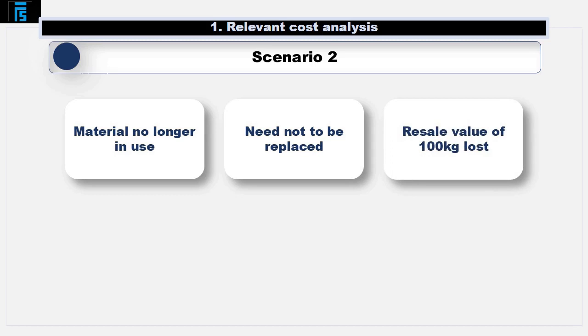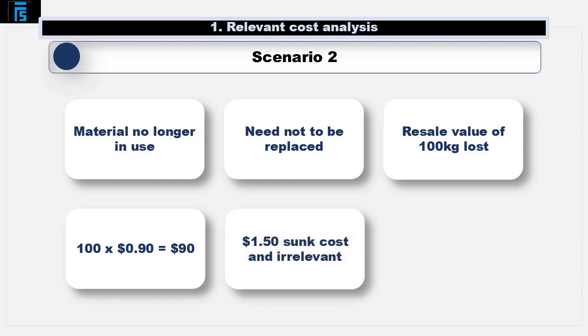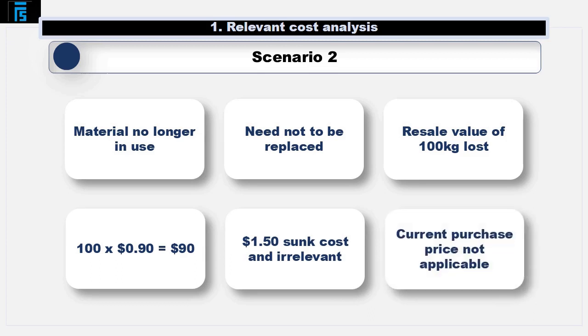Thus, the cash flow impact of using 100 kilograms of material is $90, being 100 kilograms multiplied by 90 cents each. This represents the relevant cost of the material to B Limited. Note that the $1.50 is a past cost or sunk cost and is excluded from our analysis. Also, the current purchase price of $2 is not considered here.